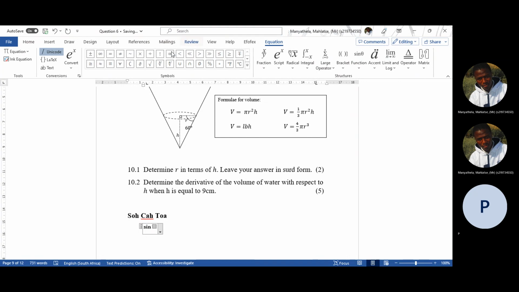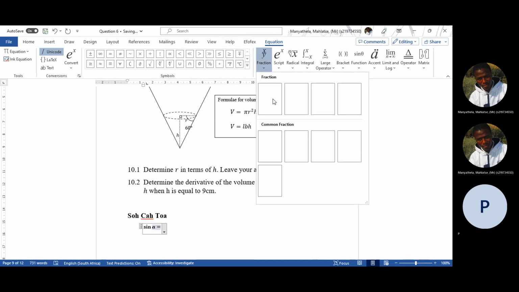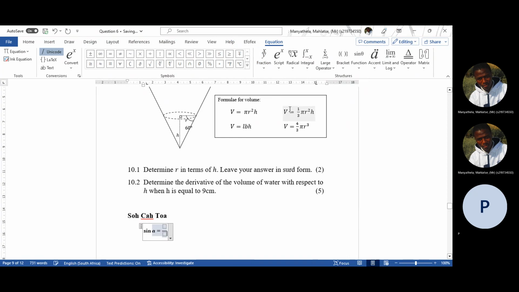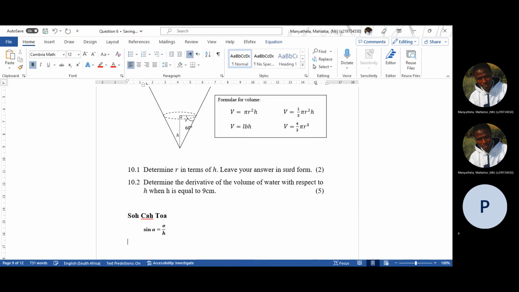Sine A equal to opposite over hypotenuse.